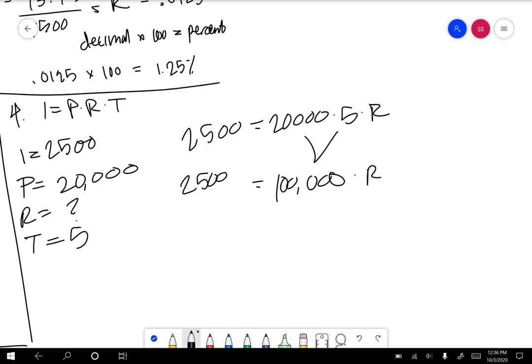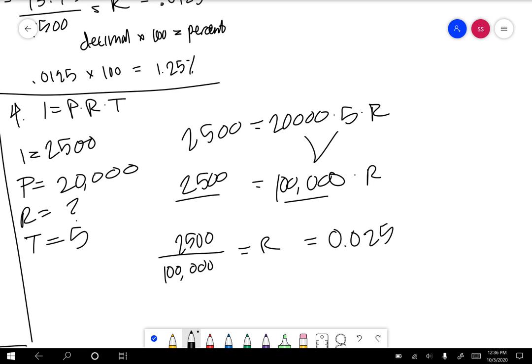And again, on this one, we have the opposite information again. So instead of multiplying, we're going to do the opposite and divide. So if we do 2,500 divided by $100,000, we would get 0.025. But again, that's decimal form.